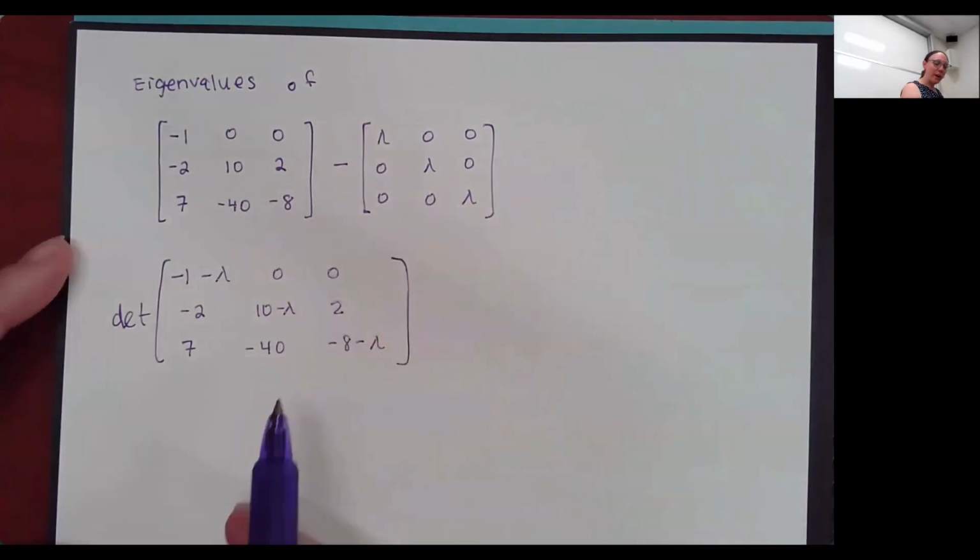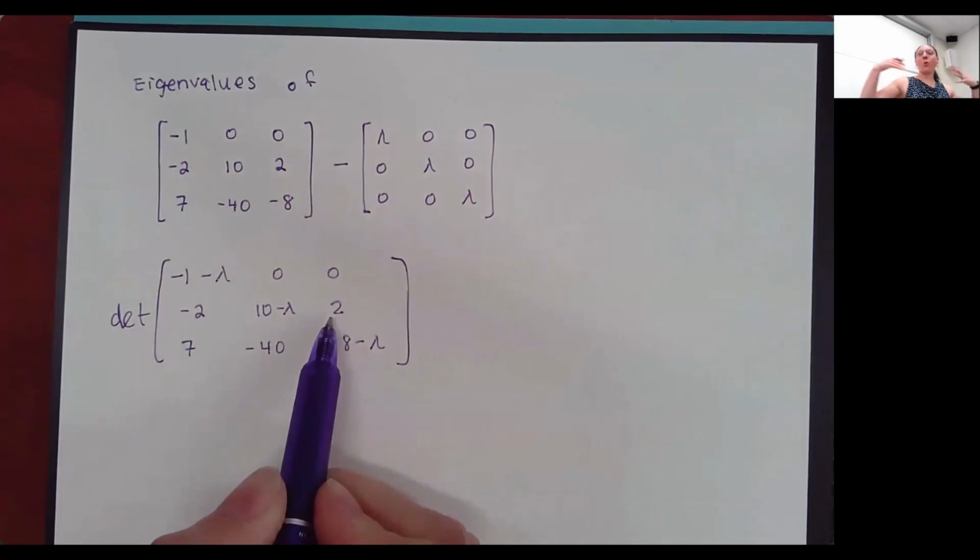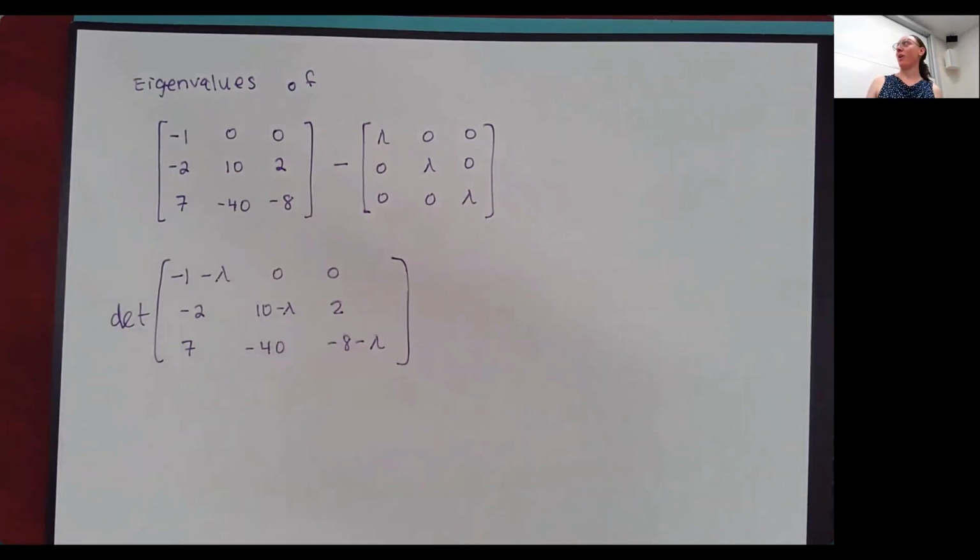Now, if that 2 had been a 0, it would already be in triangular form, and I wouldn't have to do much work. I would already know that my eigenvalues were -1, 10, -8. Unfortunately, it's not in that nice triangular form, so we're going to have to do a little bit more work.